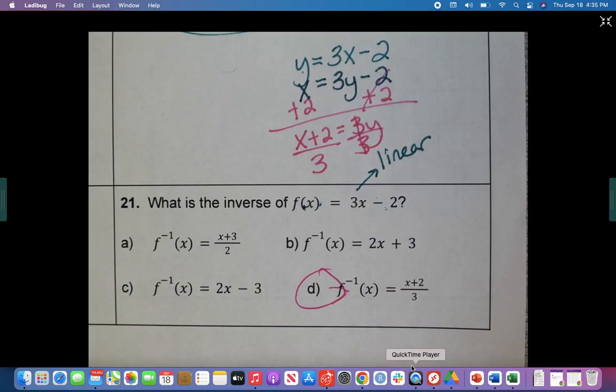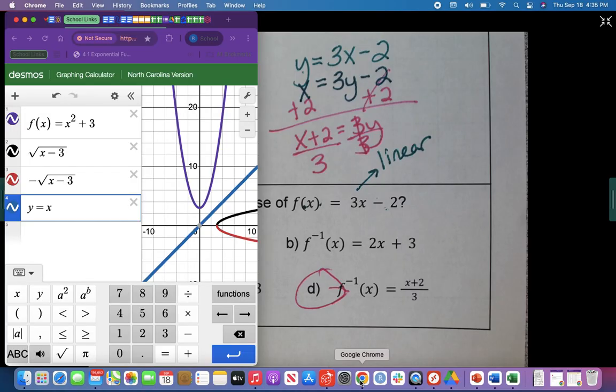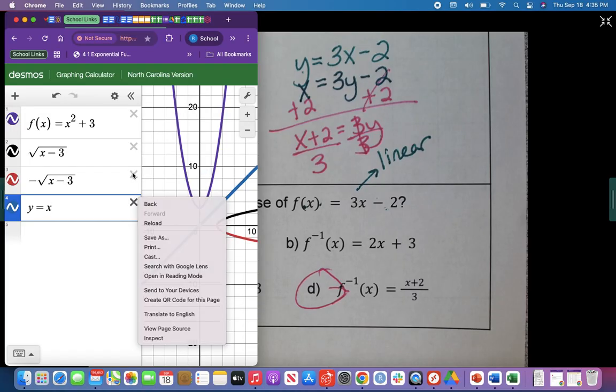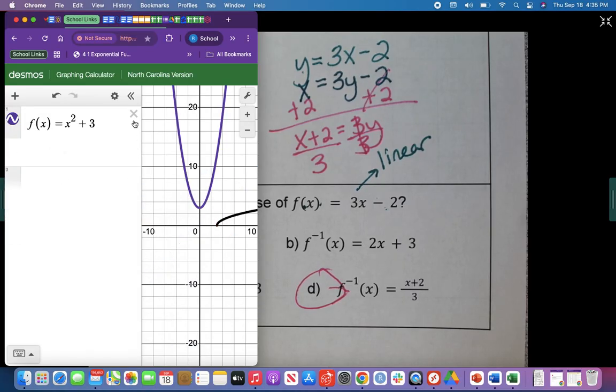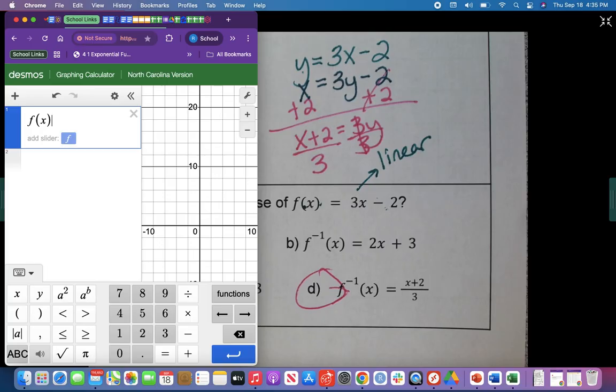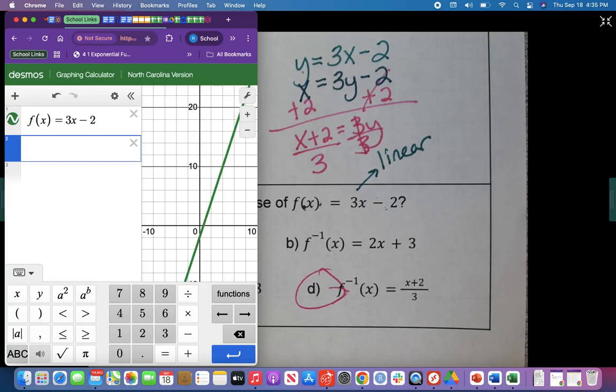All right, so f of x equals 3x minus 2. All right, so there's our original function. So now I'm just going to type in my answer choices. So first answer choice is A, so that's x plus 3 over 2.